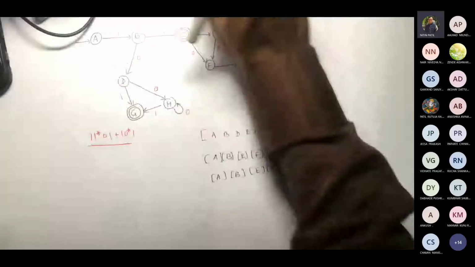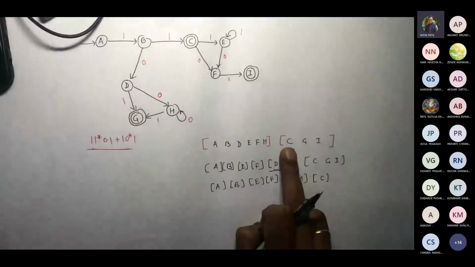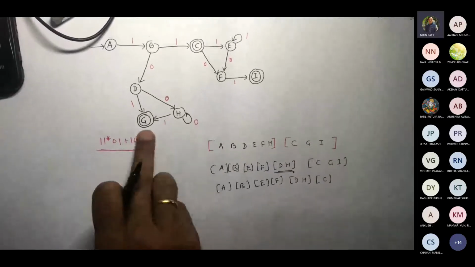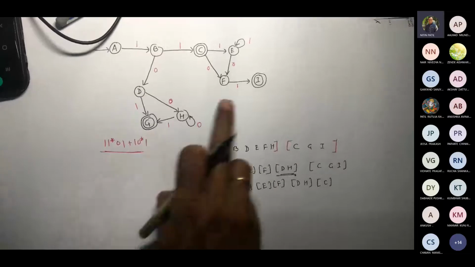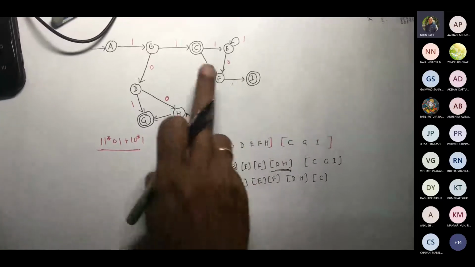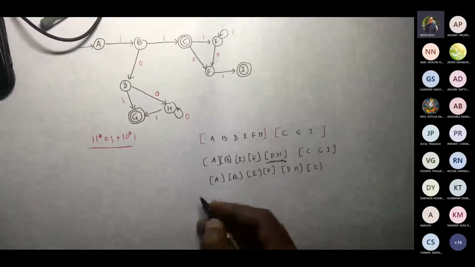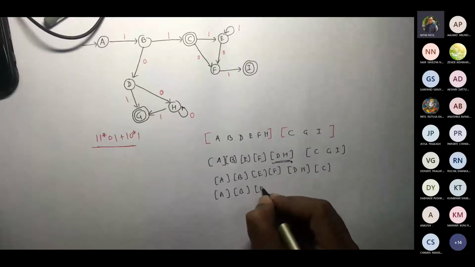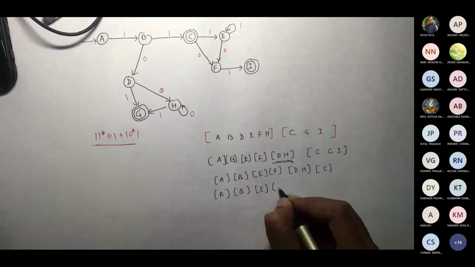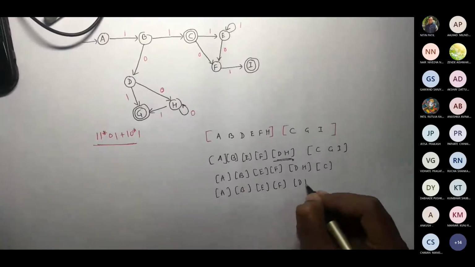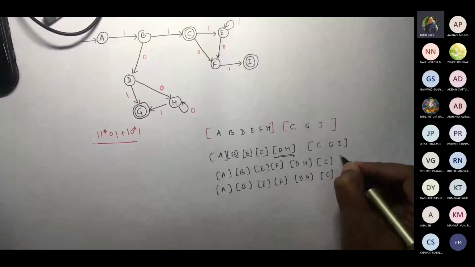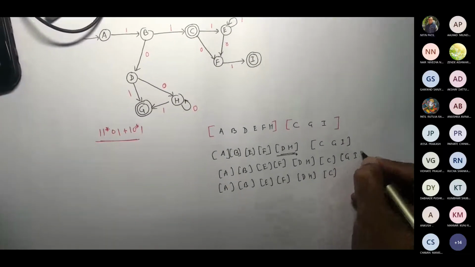Now in this case, for G and I, there is no outgoing transition. For G there is no outgoing transition, and for I there is no outgoing transition. But for C, we have two transitions. That's why we'll separate this. A, B, E, F, D, H. Sorry, I already separated it. Okay, GI.